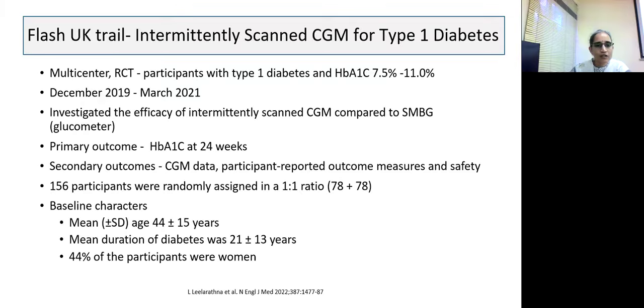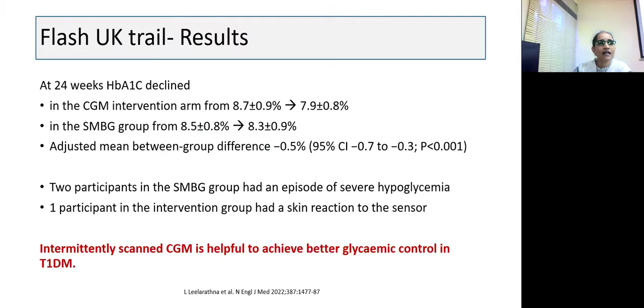The mean age was about 44 years, and in this study, it was found that at 24 weeks, that is with 6 months use of CGM, HbA1c decreased by about 0.7% in the CGM group compared to only 0.2% reduction with a comparator group, that is self-monitored blood glucose levels, with a difference of 0.5% better control of HbA1c with the use of the flash glucose monitoring system.